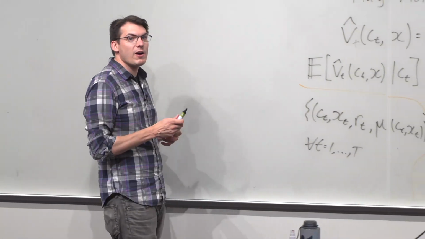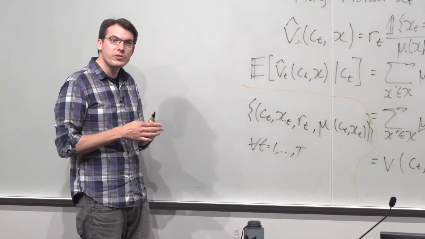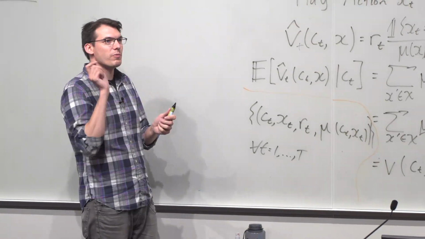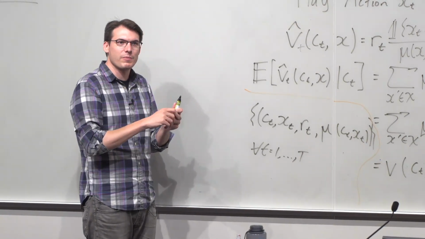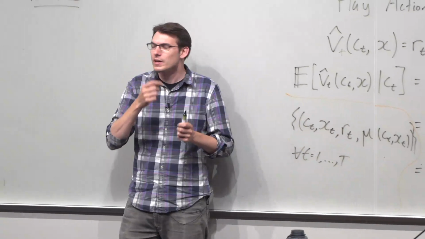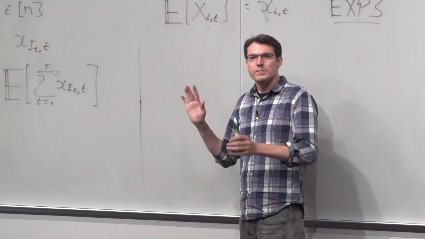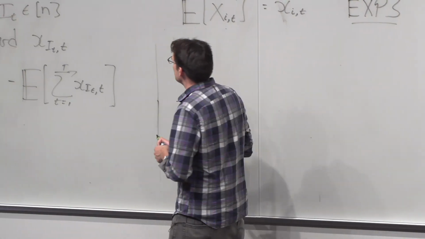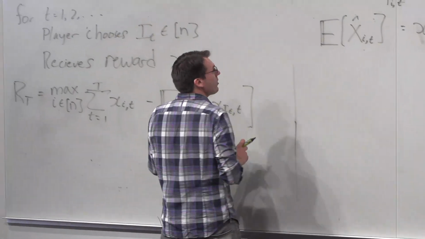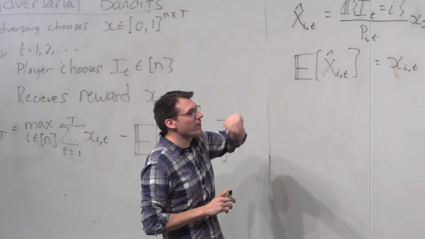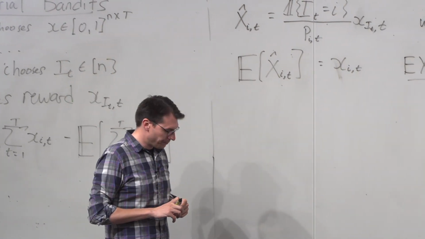Very similar to how boosting works. So in boosting, if you got the label right, you multiplied each weight of that example by 1 or by some beta. And then if you didn't, then you multiplied by e to the minus beta. It's almost identical to this situation here. And then at each time, you're going to draw I_t from that exponential distribution.